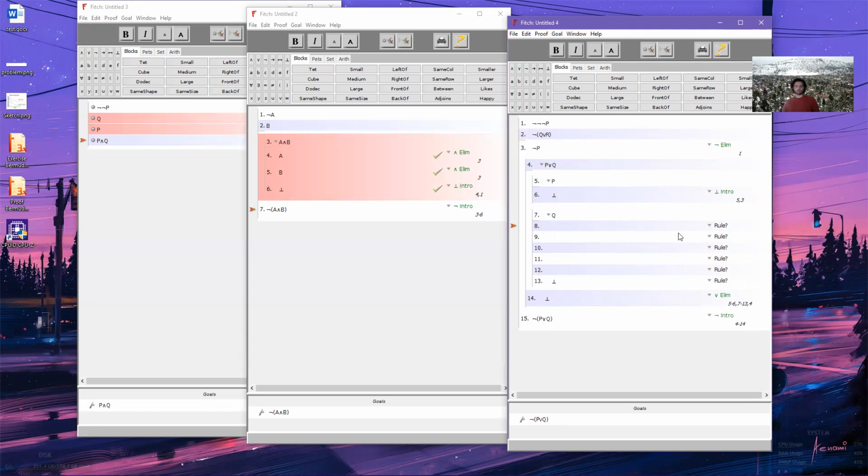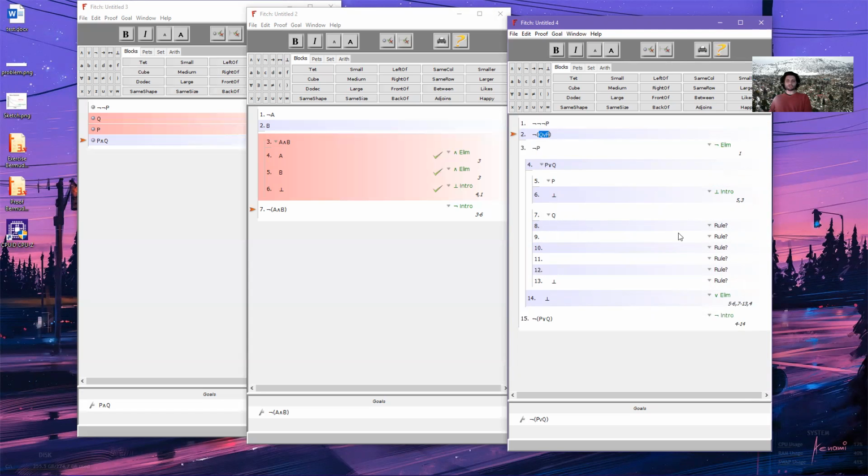What about Q? How am I going to get a contradiction on this end? This is also going to push you a little bit. Well, I need stuff and I need not stuff. Up here, I have a line that says not stuff.